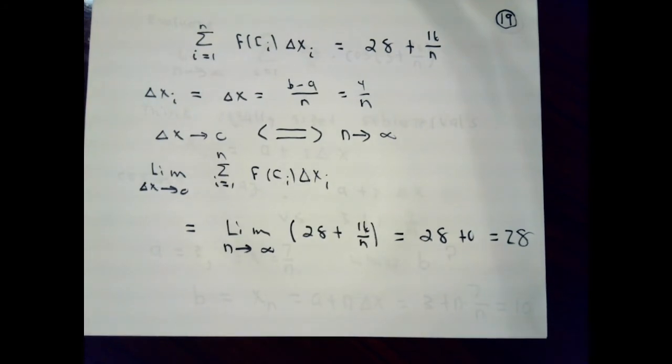The limit is 0. It's these individual numbers that are approaching 0. The limit is equal to 28 plus 0, which is 28. If you look back to the start of this problem, that's what we got by doing the antiderivative method.